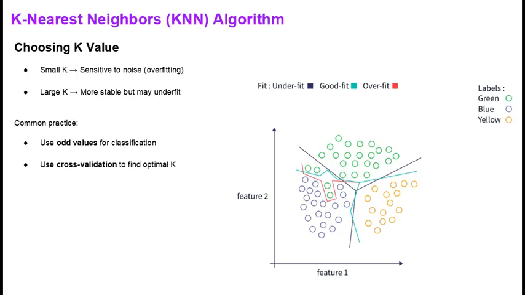Suppose k equal to 3, so this is the data point. These are the best fit. These are the more distance, so underfit. This is a small distance, so this is the overfitting.